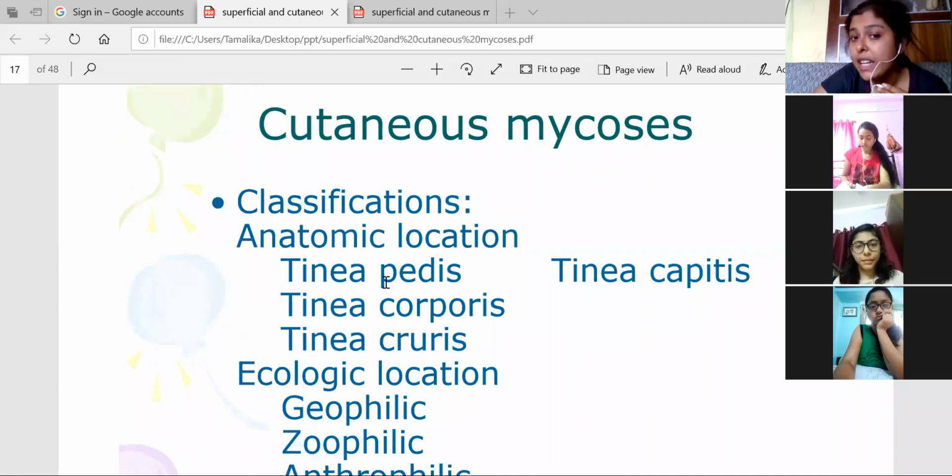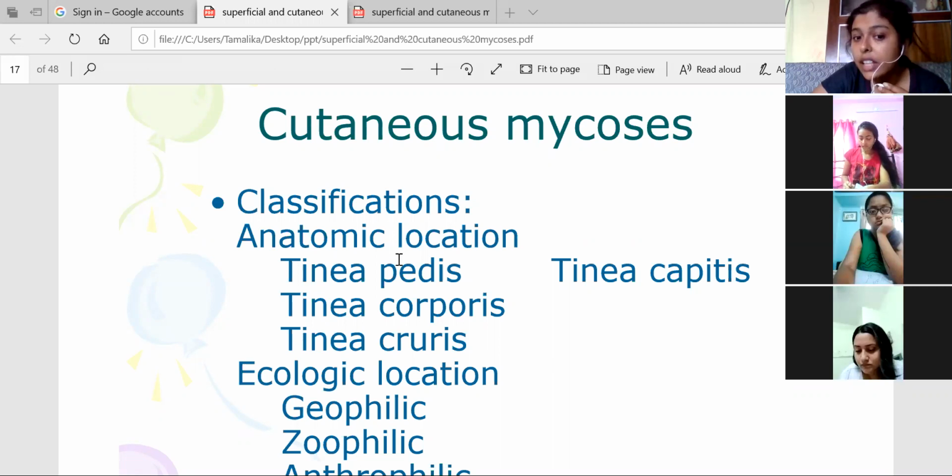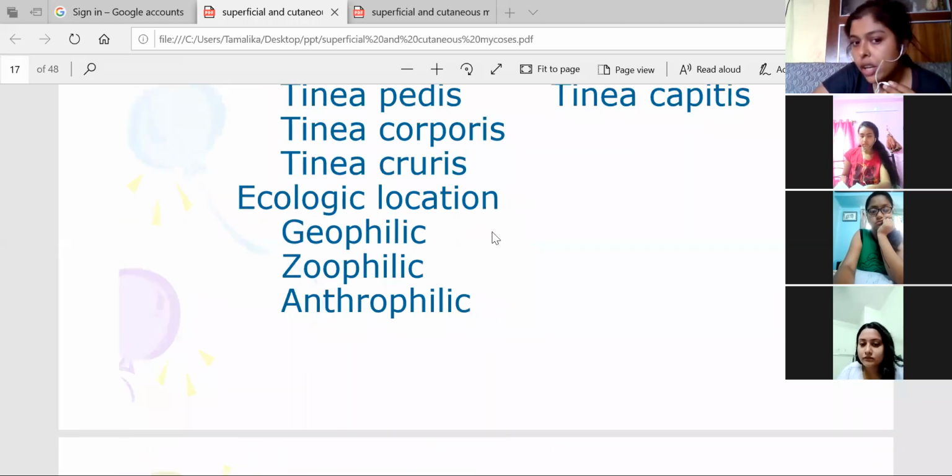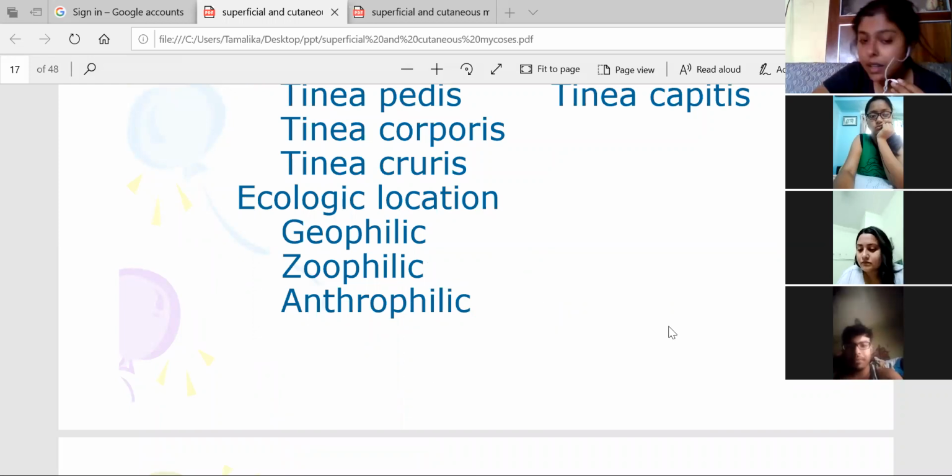Based on anatomic location, you have tinea pedis, tinea corporis, tinea cruris, tinea capitis. These are the four groups of disease. And ecological location is geophilic, zoophilic, and anthropophilic.